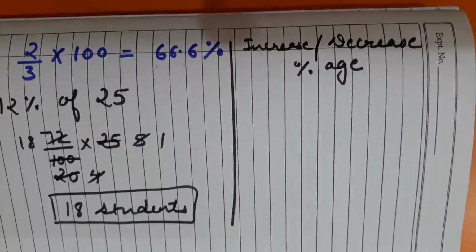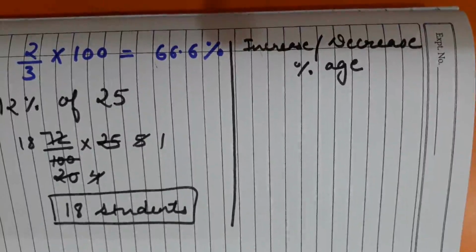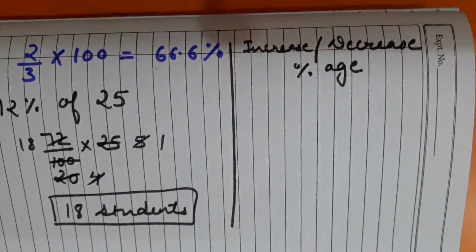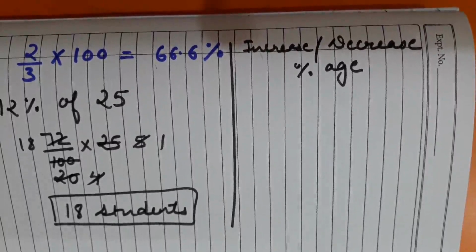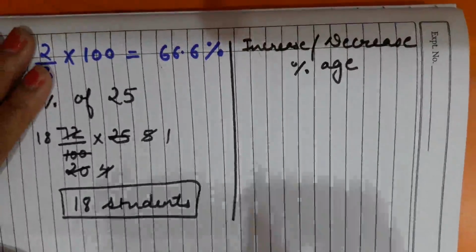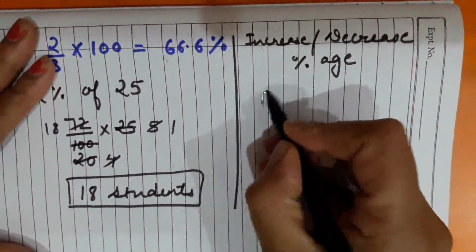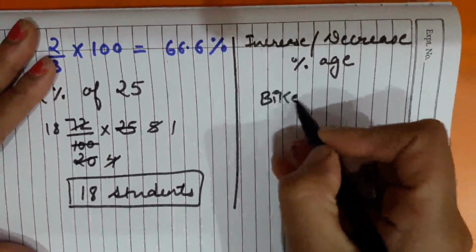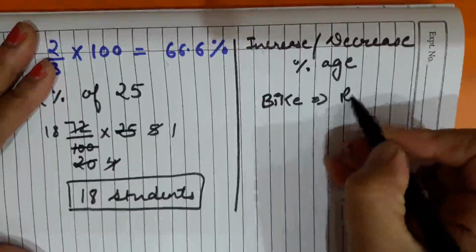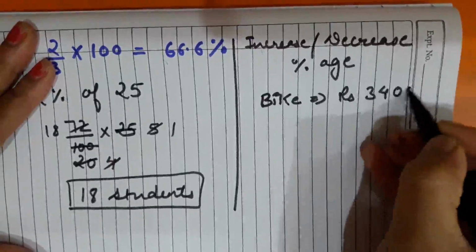Suppose a motorbike's price in the previous year was rupees 34,000.